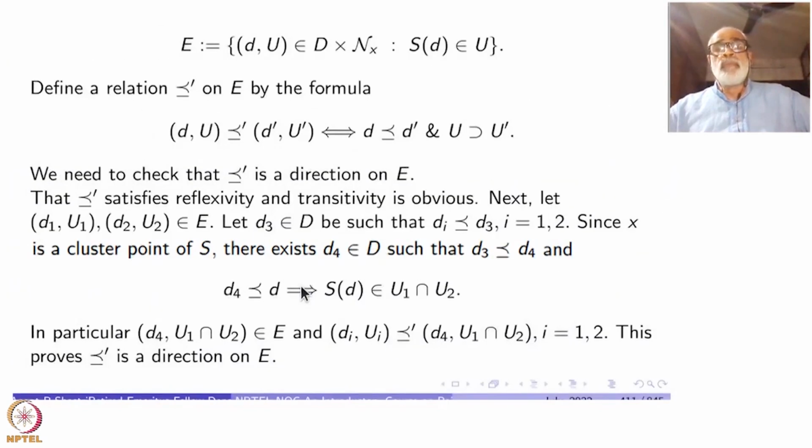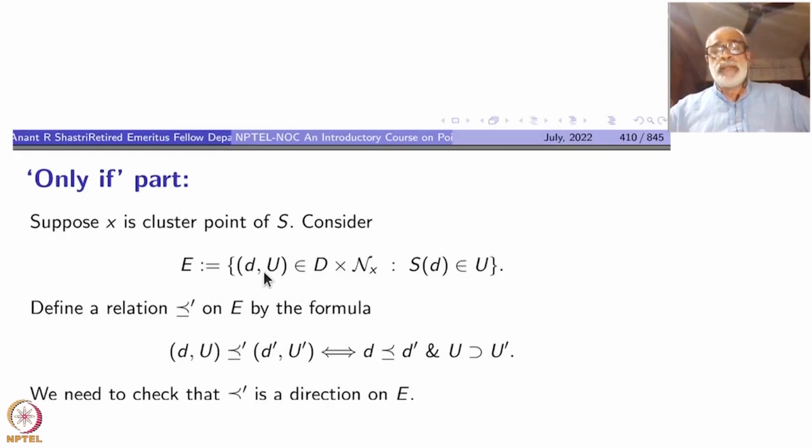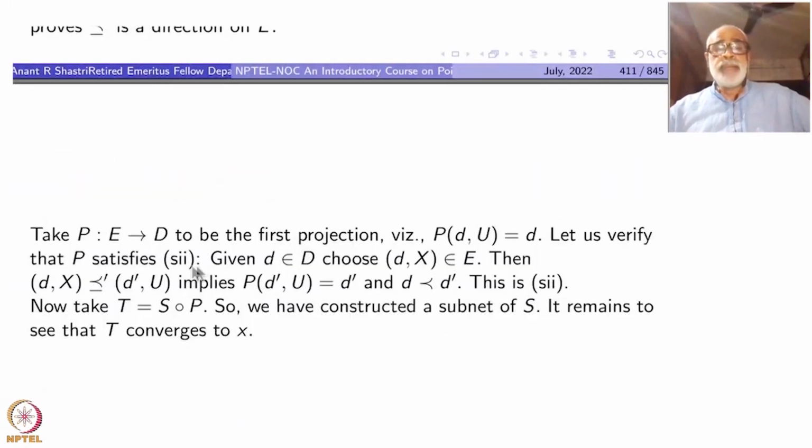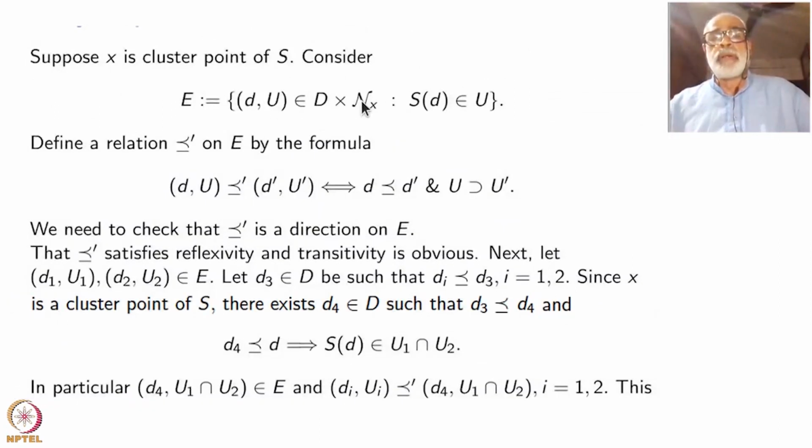So we have constructed a directed set. We have yet to construct a net that will be a subnet of S. For that, I take P from E to D to be the first projection. This is after all a product here.